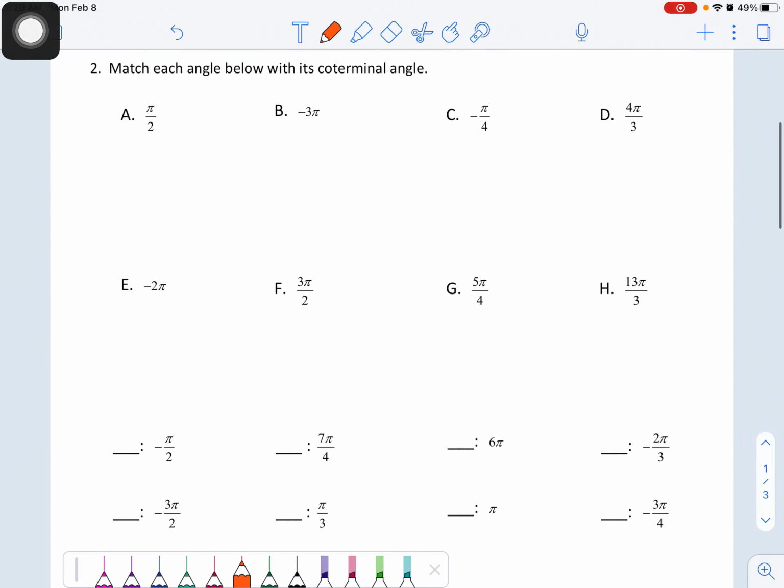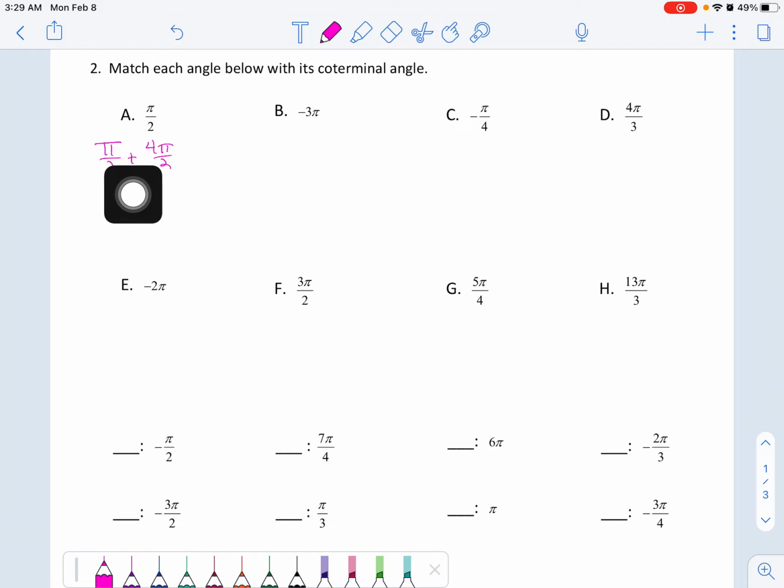Problem part 2, which I think is the end of it. It's a big matching section. All right, so for each one of these, I want to figure out what's coterminal. So let's see. If I do pi over 2 plus 4 pi over 2. Now, I'm kind of skipping ahead a little bit.